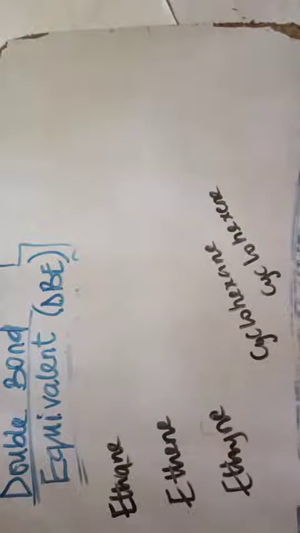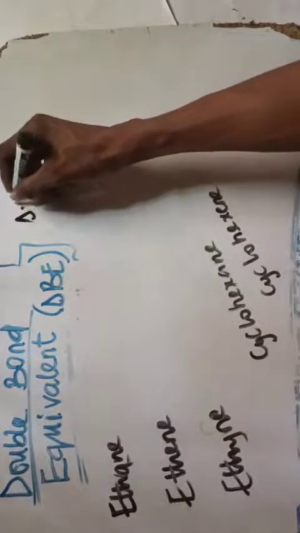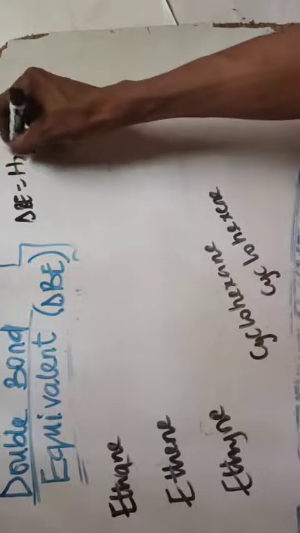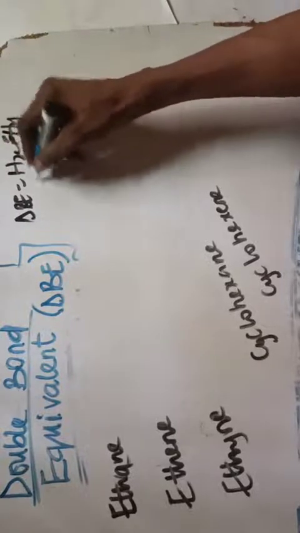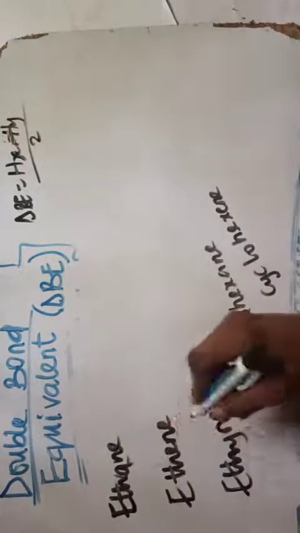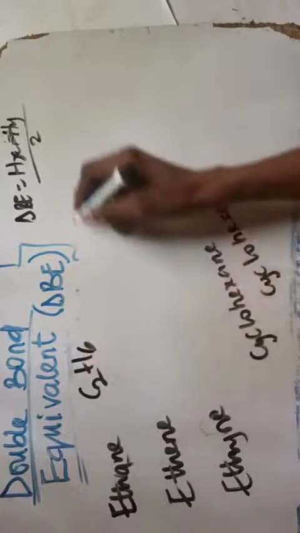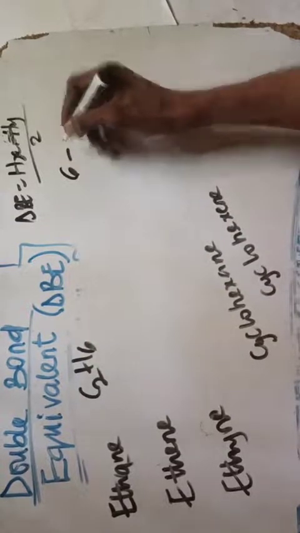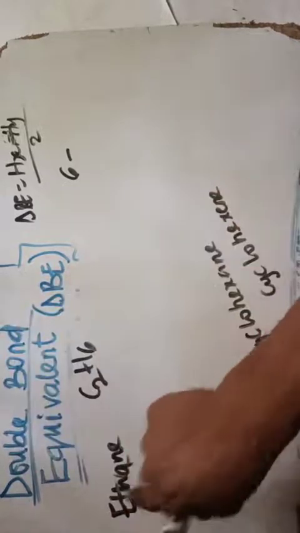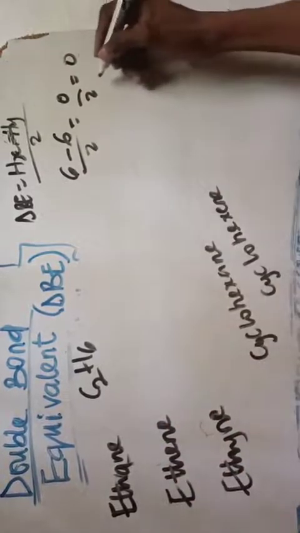In this state, the double bond equivalent is given as DBE equals HX minus HY over 2, where HX is the number of hydrogens present in the original compound. So for ethane, C2H6, that will be 6 minus 6 over 2. So it's always 0 over 2. That means in ethane, the double bond equivalent is no pi bond.